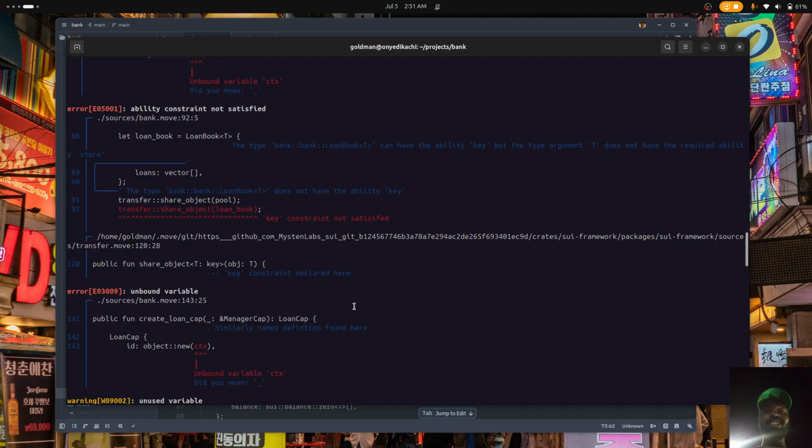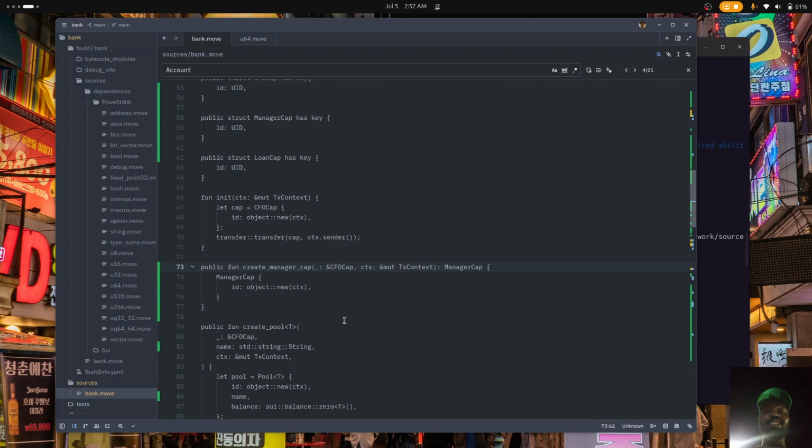Okay, those are the ability key. Type C does not have the ability. A loan book needs key.